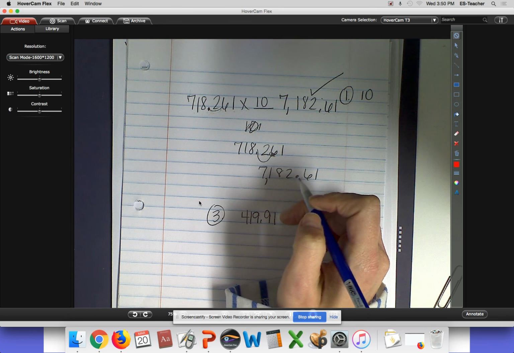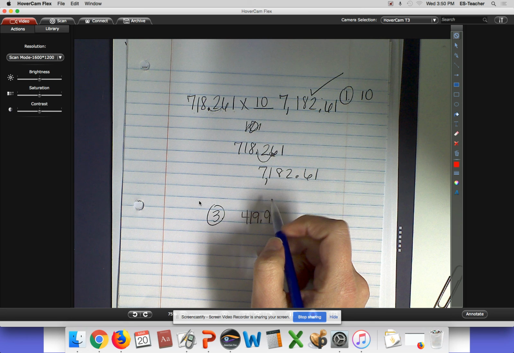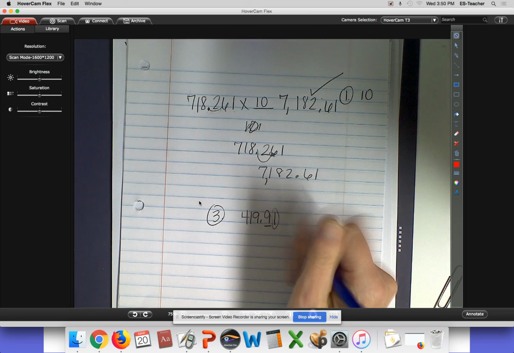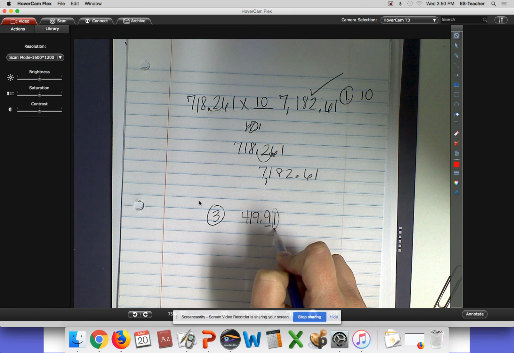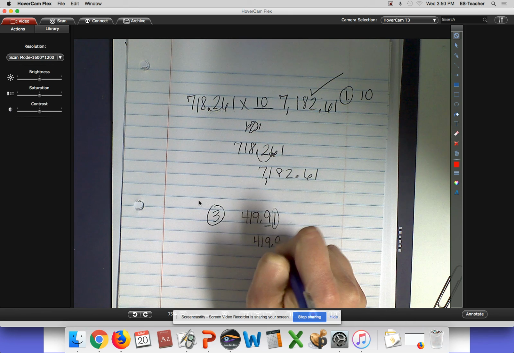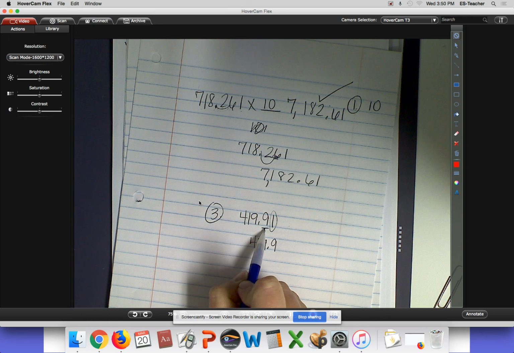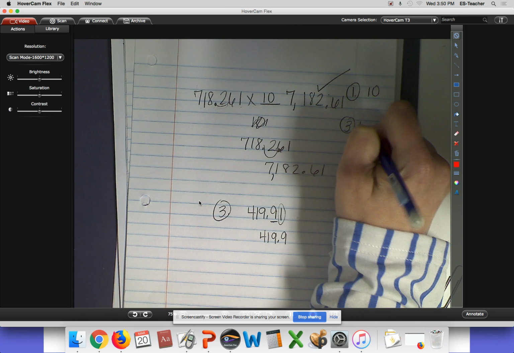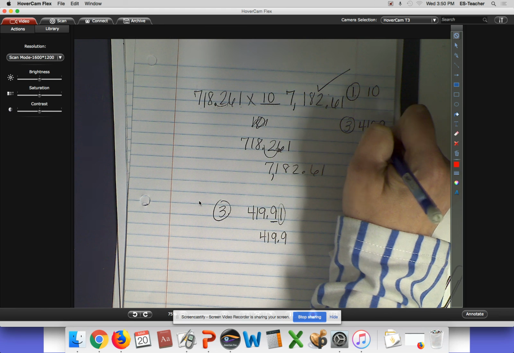Whatever place it says you're rounding to, you underline that place and then circle next door. The 1 is wimpy, so my answer is going to be 419 and 9/10. You stop where it says. So for number 3, the answer is 419 and 9/10.